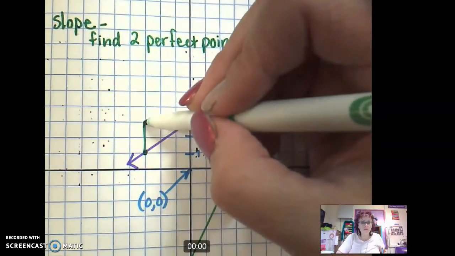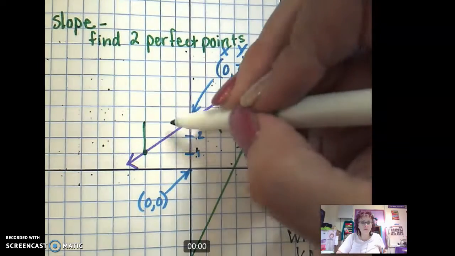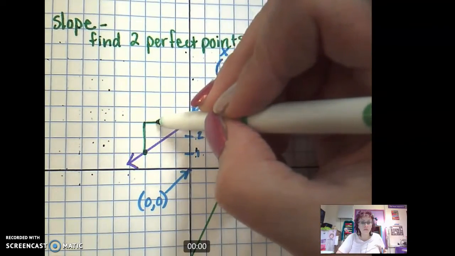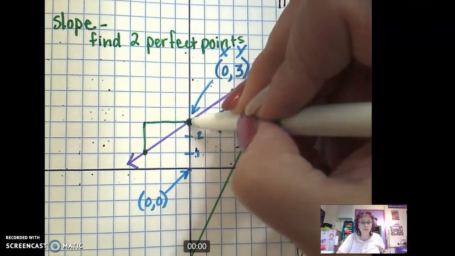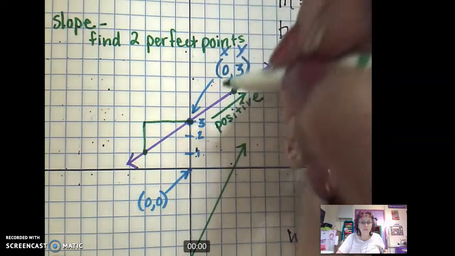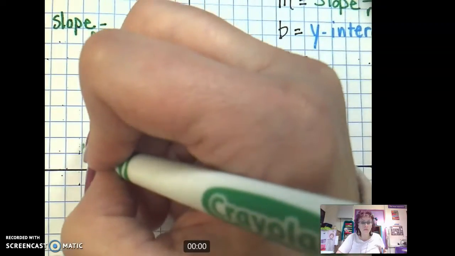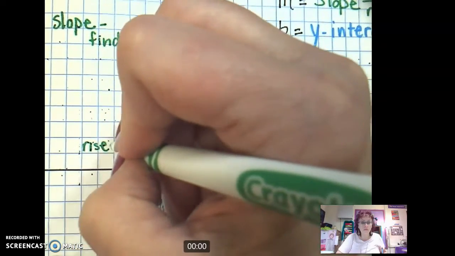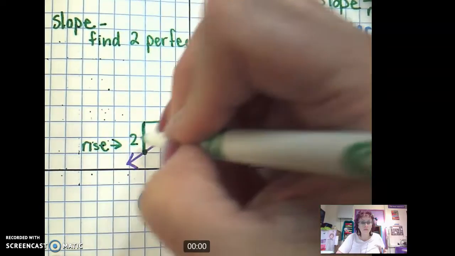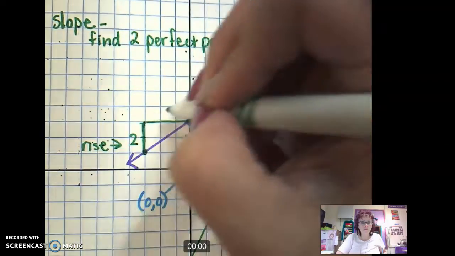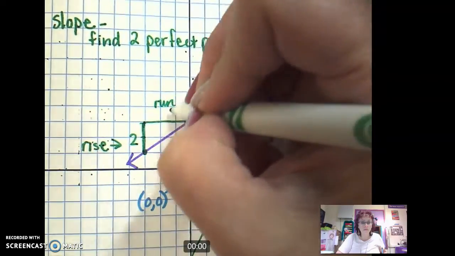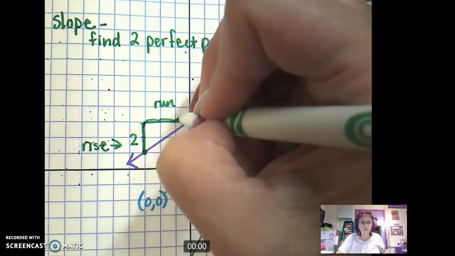I only need to go up 2 units. And then I need to go over here 1, 2, 3 units. This is my right triangle I'm using. So this part is the rise. Over here is 2. 1, 2. The run is 1, 2, 3.